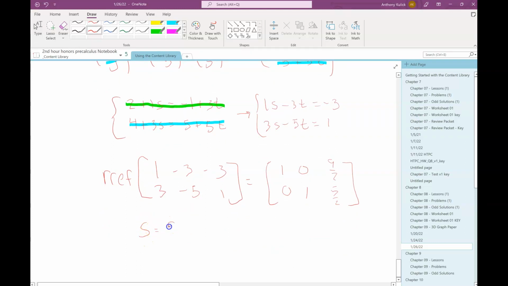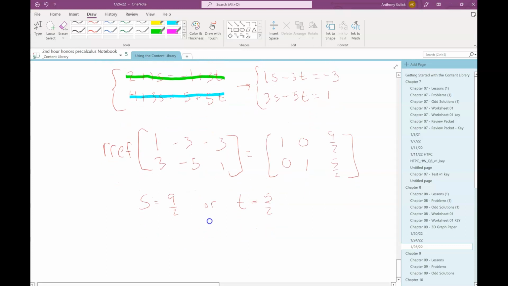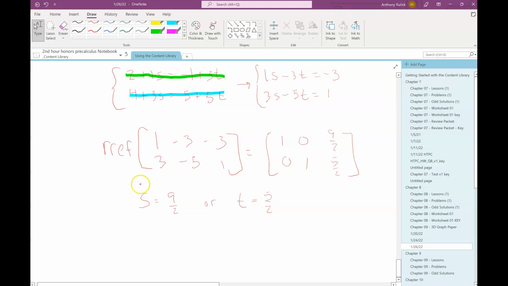So that tells me s is 9/2 or that t was equal to 5/2. Either one of those is going to be fine to use. So let's say, for example, we're going to use s.